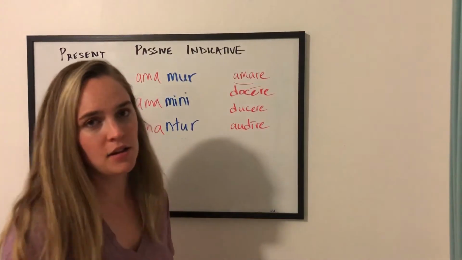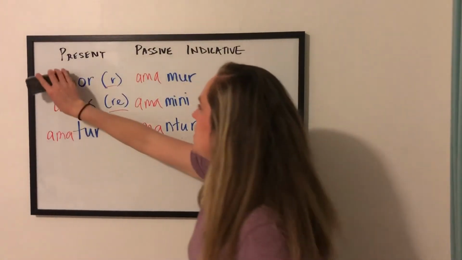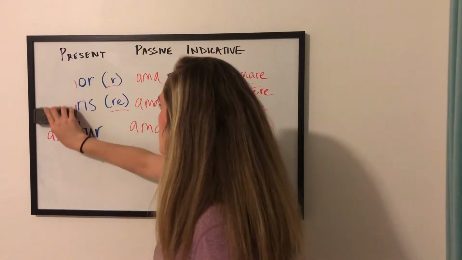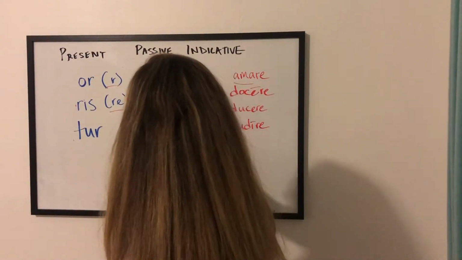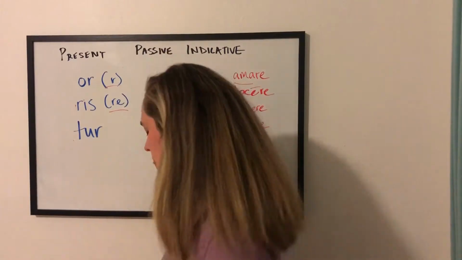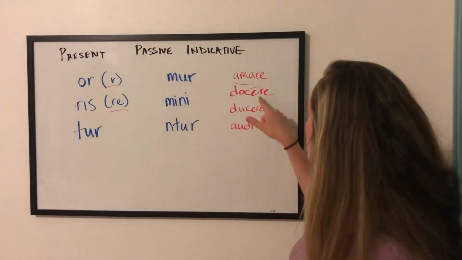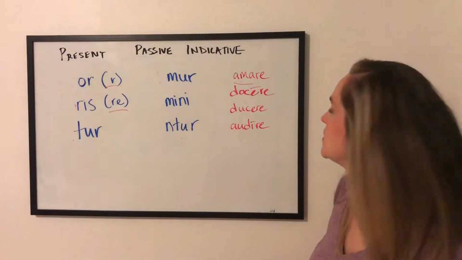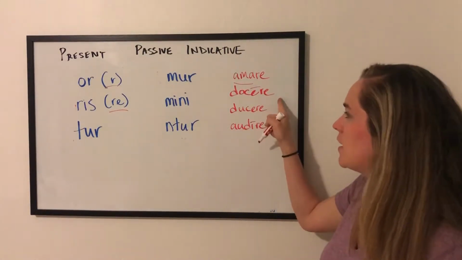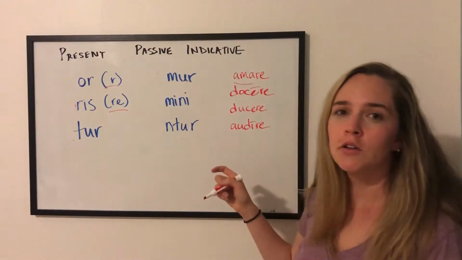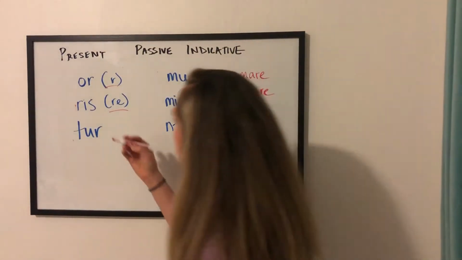How is the second conjugation different? The second conjugation is the same, except this strong E here stays in the first person singular. So the first person singular, I am taught, would be doceor, like this.